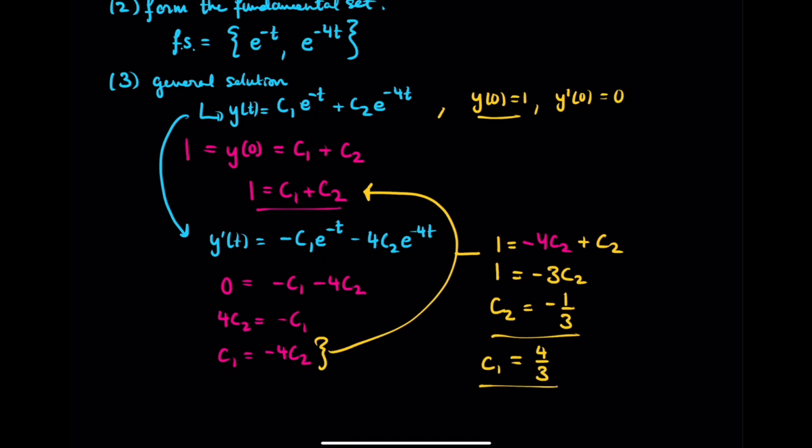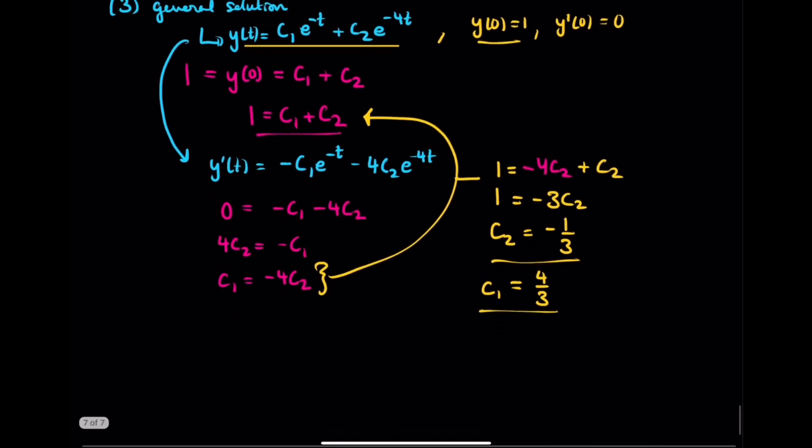Okay, so now we just plug c1 and c2 back into the general solution that we found up here. The general solution was y(t) equals c1 e to the minus t plus c2 e to the minus 4t. So c1 was negative 1/3, and c2 was 4/3.